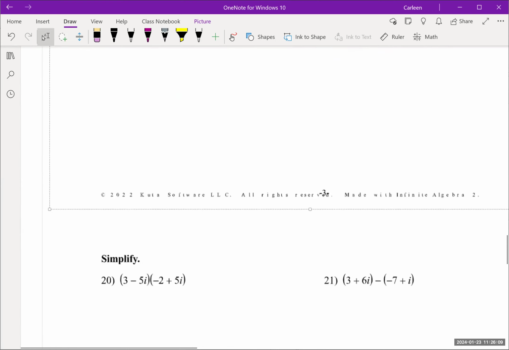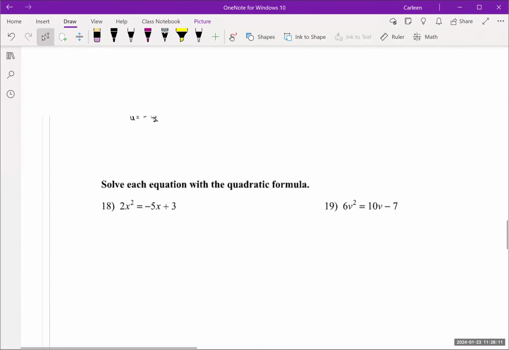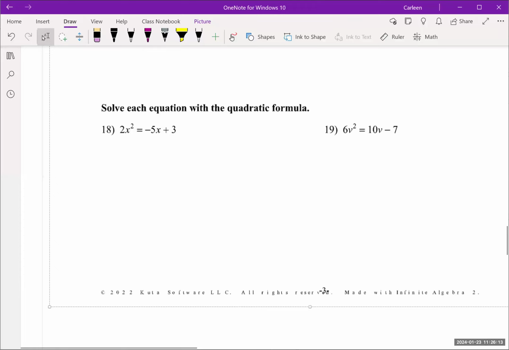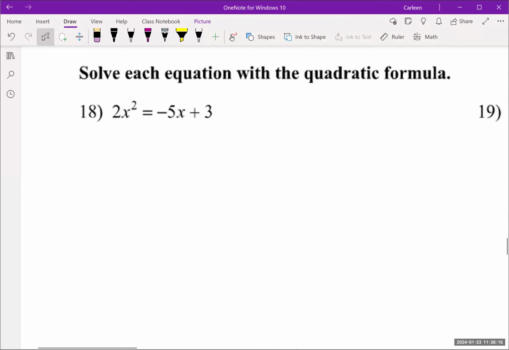Okay, quadratic formula. Yeah, we started this last week. Put in order. Plus 5x to both sides, and subtract 3.